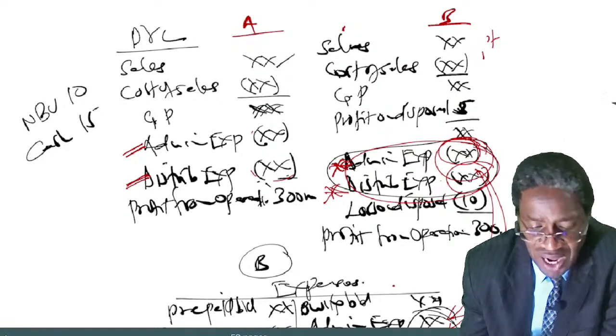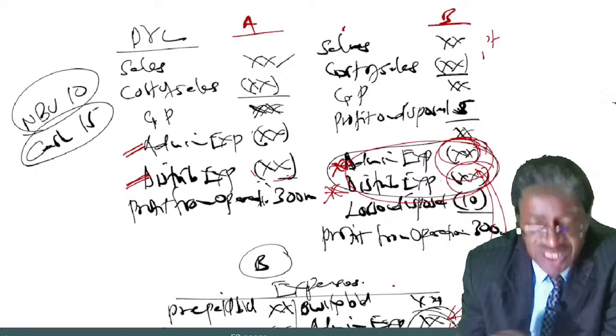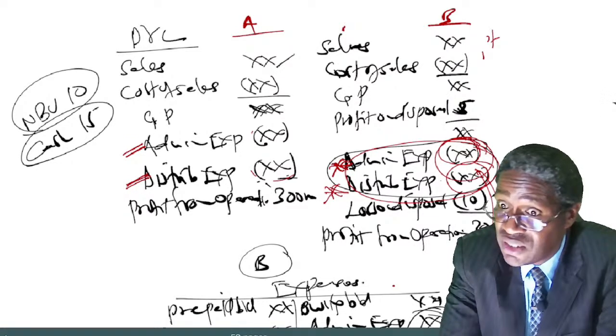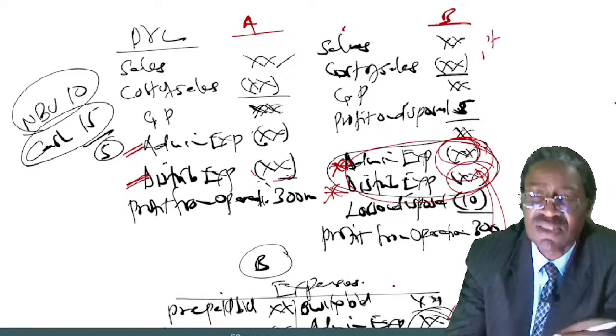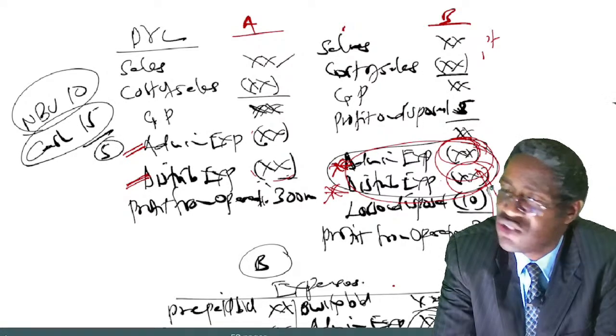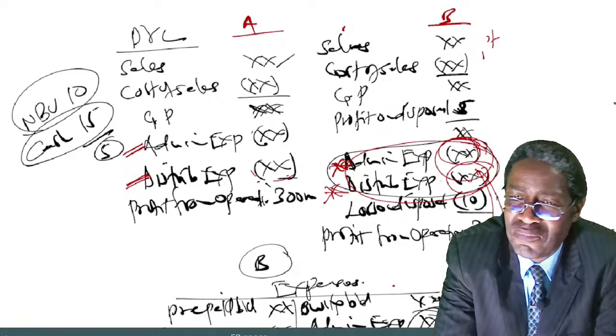I'm not talking of how you treated the 15. I'm talking of how you treated the 5 gain, not the 15. So it is not part of the sales, no. It's not part of the sales.